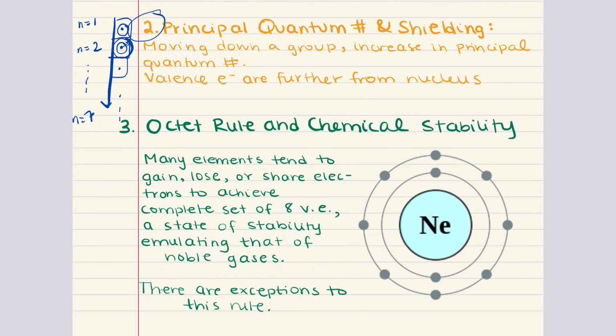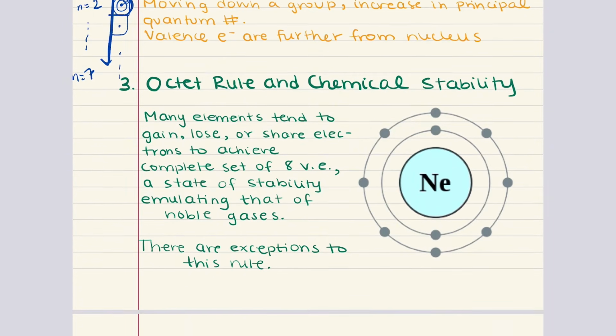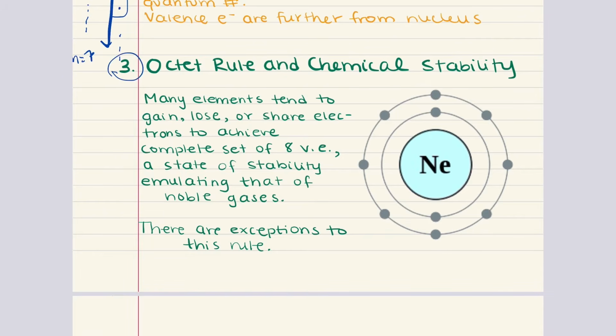The increased distance and shielding result in larger atomic radii down the group because the valence electrons are less tightly bound to the nucleus.